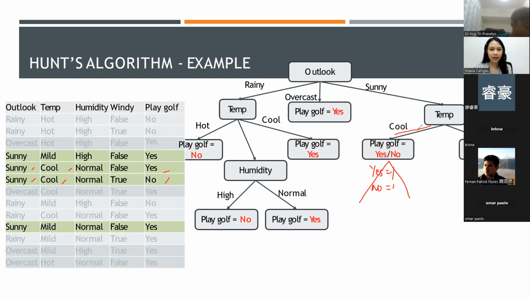For sunny and mild, this one, sunny, mild, and yes. And we also have another sunny, mild, and yes. That means we have two yeses here and zero no. So we just have to stop branching out this part. So some of the baseball players may also play golf if their outlook is sunny and the temperature is mild.